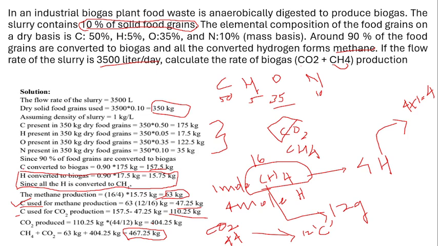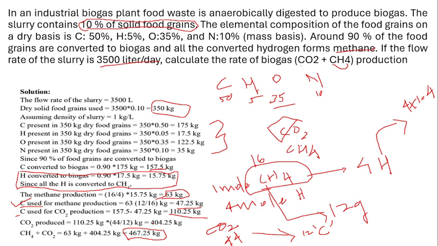Now, in this one, whatever hydrogen converted to biogas, this 15.75 kg is entirely used for production of methane. Okay, so if you take methane CH4, to form 16 gram of methane, which is the molecular weight of methane, we require 4 grams of hydrogen, right? 4 hydrogen is there in 1 methane molecule.